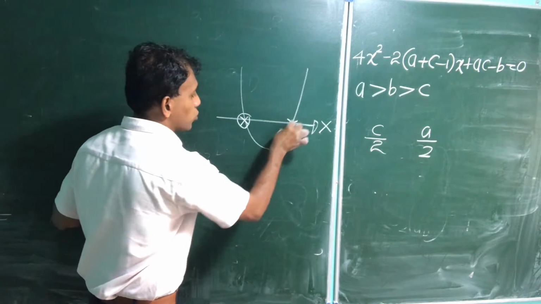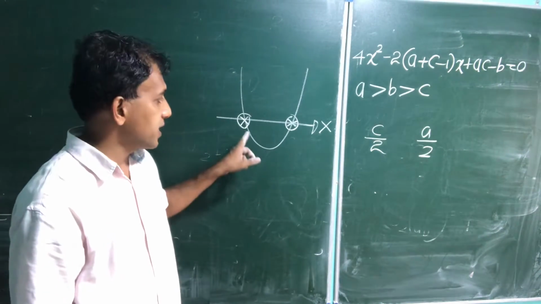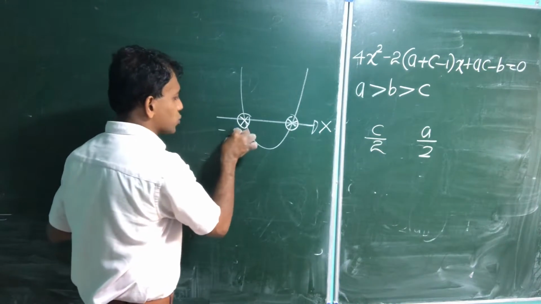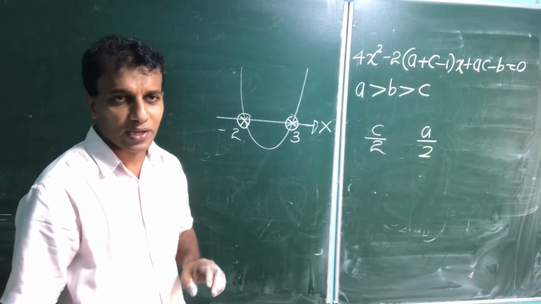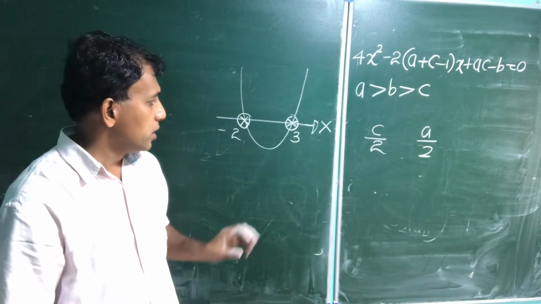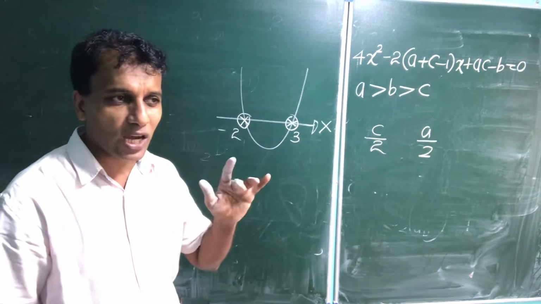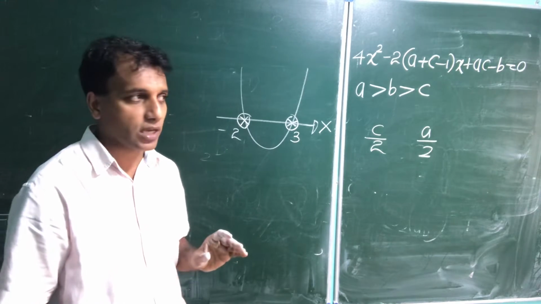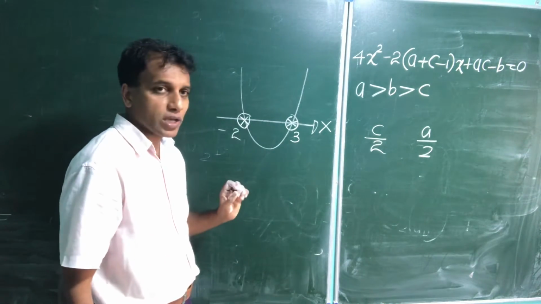These are the two solutions, for example 2 and 5, or minus 2 and 3. Every quadratic equation has two solutions. That's why the parabola cuts the x-axis in two distinct points.